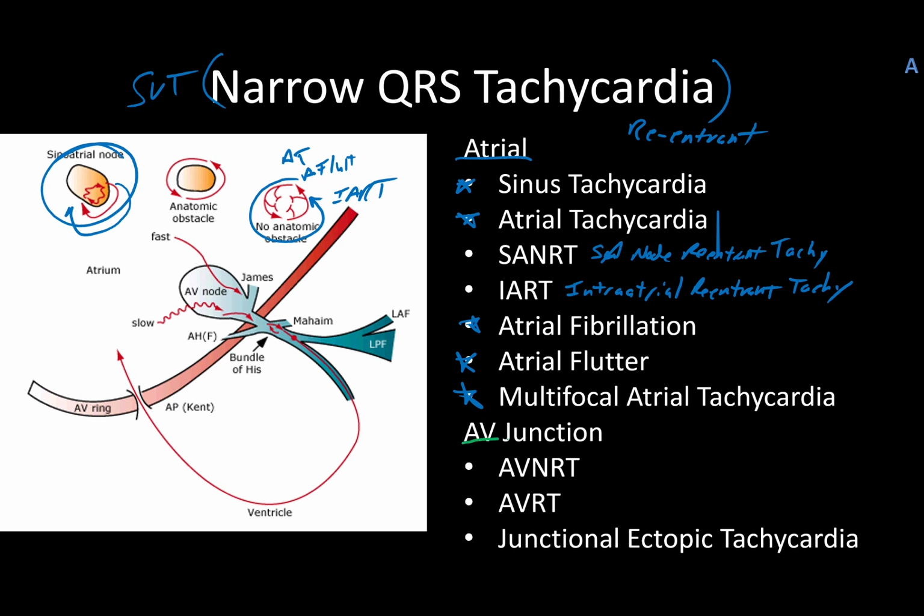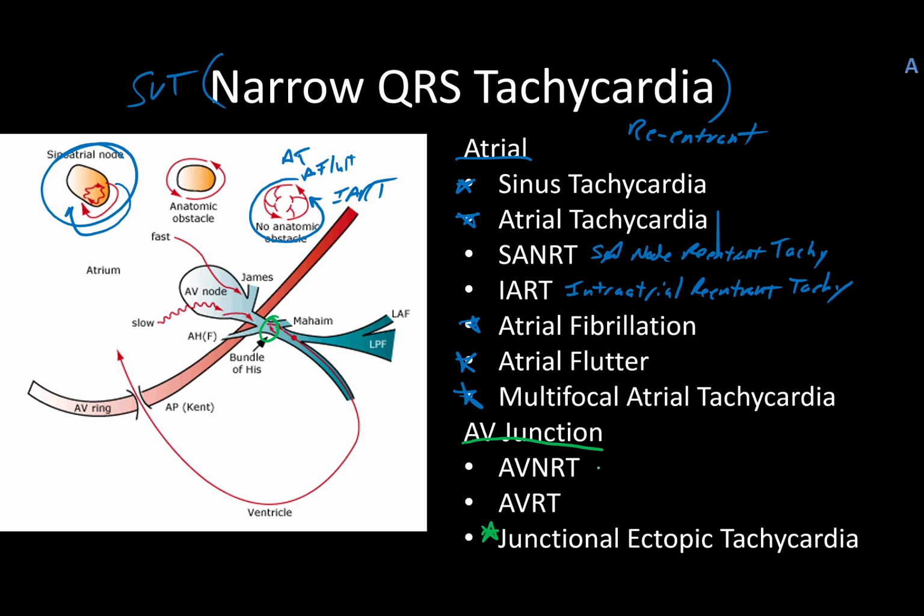Now, with your AV junction, however, you can have another set. One of them is junctionals, which we've already talked about just a little bit. And you can see how junctional tachycardia, because it's due to an irritable focus, could create a bit of a loop within itself right here and feed on it.